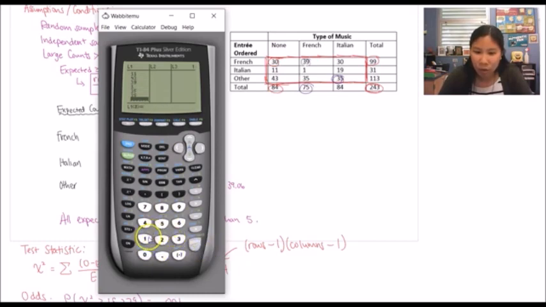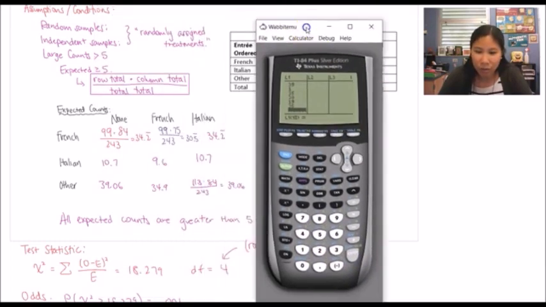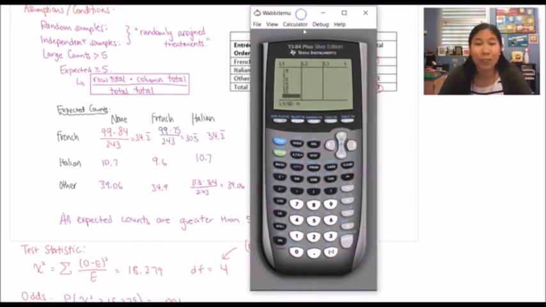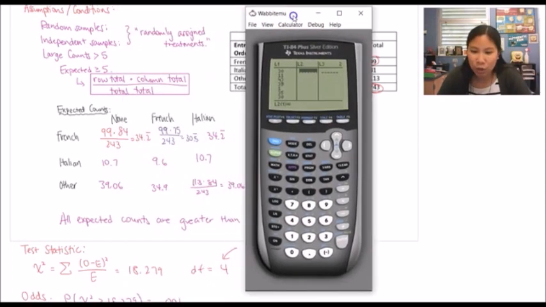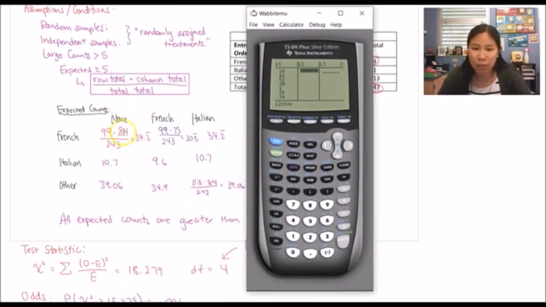And then in list 2, we're going to type in all of our expected counts. So you should have them written down because you did your check for the large counts already. When you type it in, I was typing top to bottom of each column, so you have to make sure you go the same direction with your expected counts. Each expected count has to match the position of your observed value.